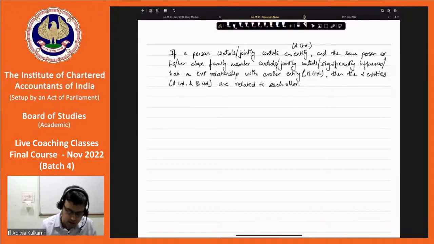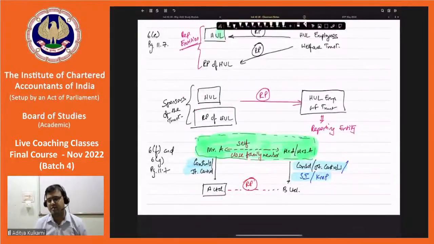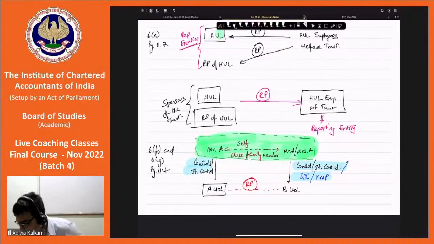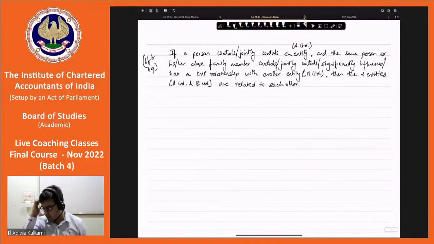So this is your 6F and 6G together. Okay, I have taken both of them in one. So this is exactly the chart for 6F and 6G. Is it okay now? Yes, Sairam, did you follow now? If you have written this summary, let me know.